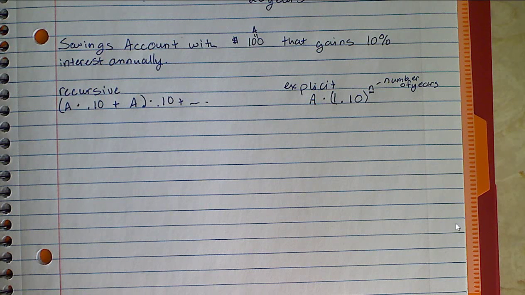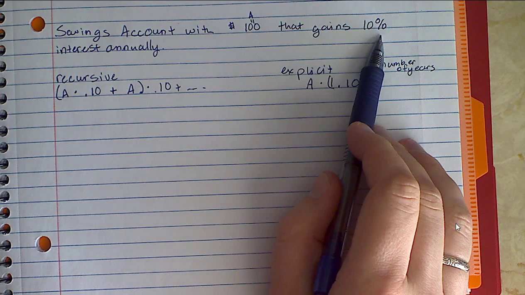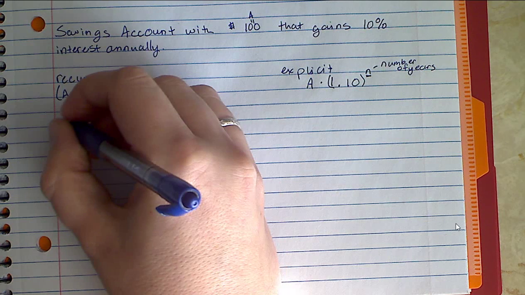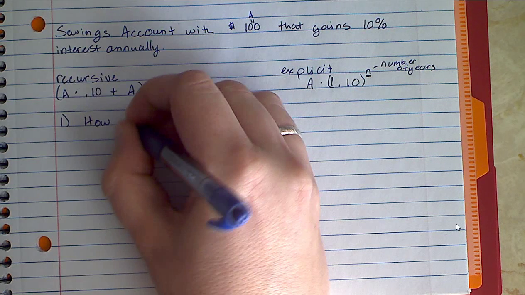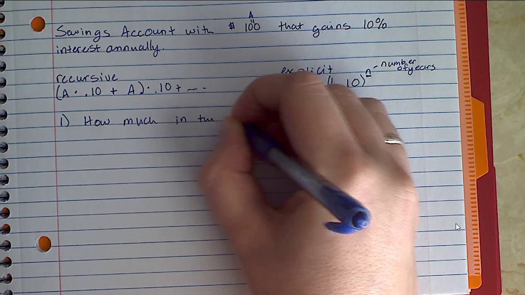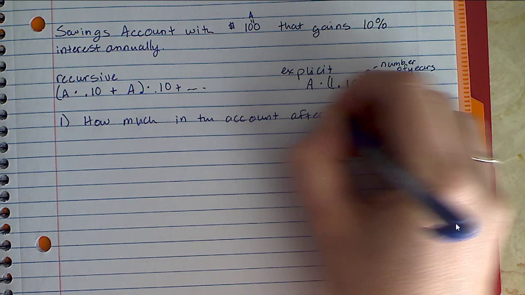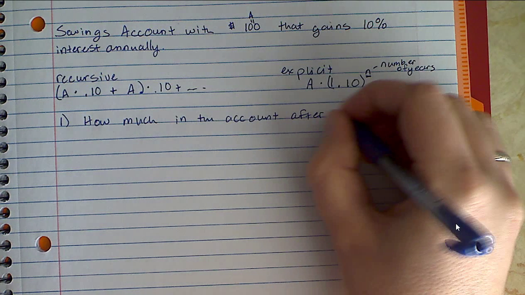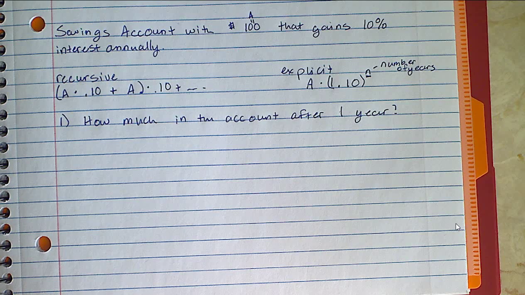So let me show you an example of this. Let's say that we have this $100, 10% per year. Question number 1, how much in the account after 1 year? So this is as easy as I could possibly ask.